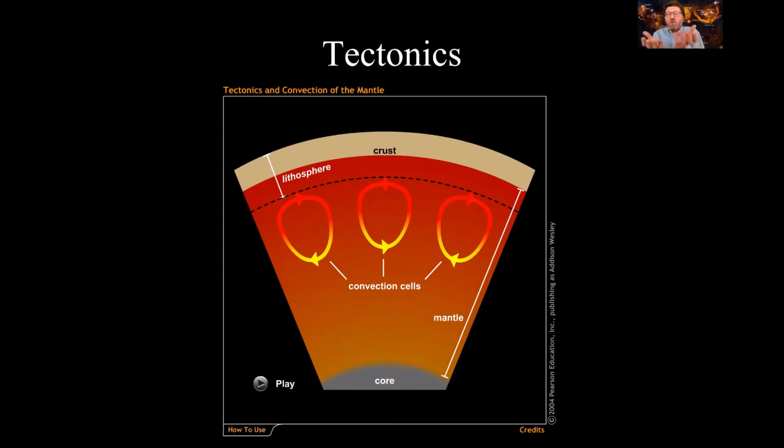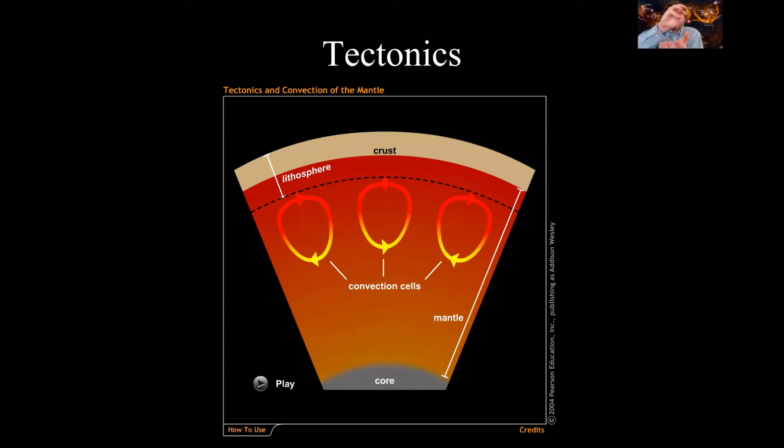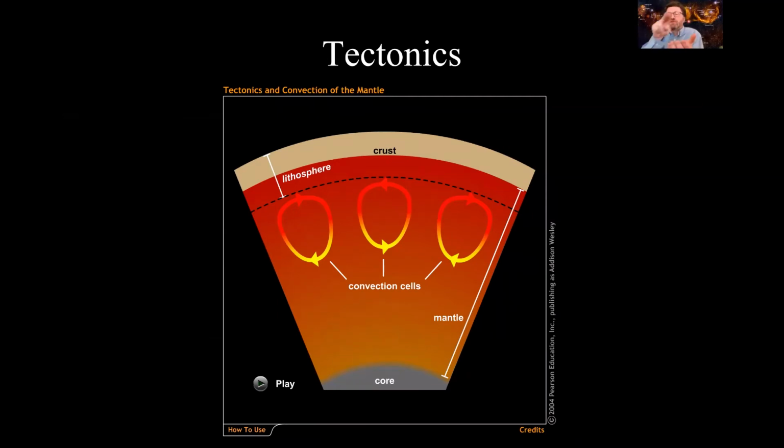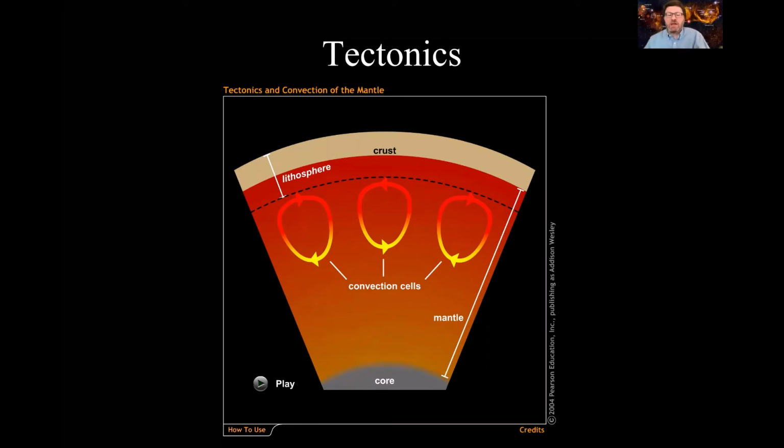When you boil a pot of water, you got a flame underneath your pot. It heats up the water at the bottom. That hotter water rises up, releases its energy, and then falls back down. And then it gets heated up again, rises up, and you get these convective cells. And it's the same thing here happening inside of the mantle. It just happens over long amounts of time.